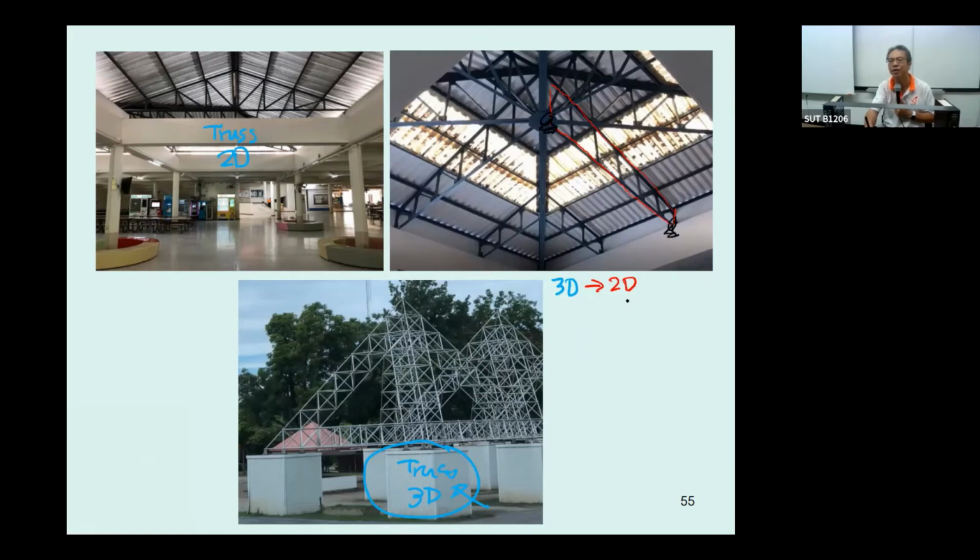This is going to be the support. By this way of thinking, you may just take a portion of this truss and consider it as a 2D truss, or what we may call in the Hibbeler textbook a planar truss.